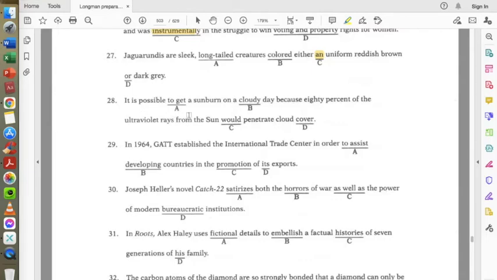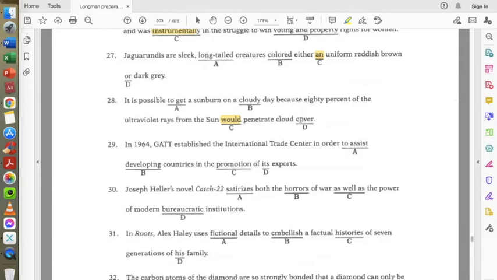It is possible to get a sunburn on a cloudy day because 80% of the ultraviolet rays from the sun, this modal would be a conditional.